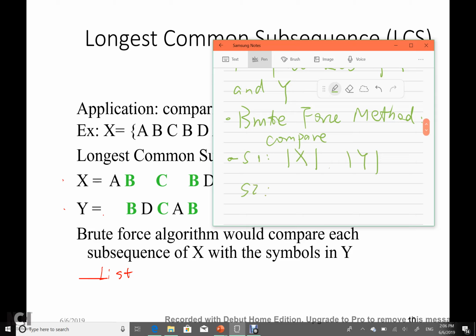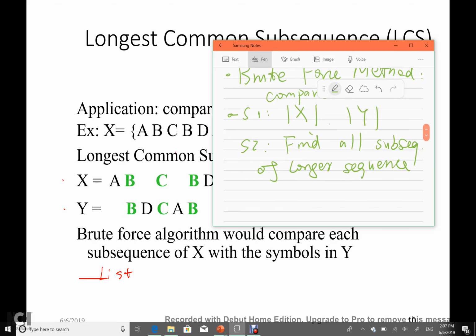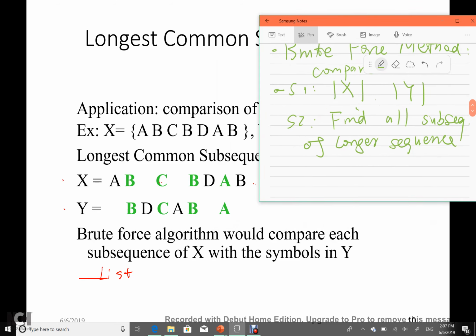Step 2, find all subsequences of the longer sequence. In this case, x is longer, and it has 7 letters. So find all the subsequences. We have C n.